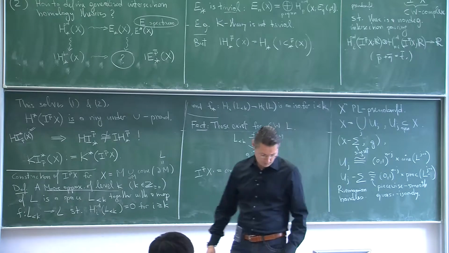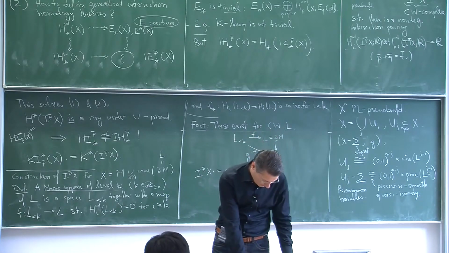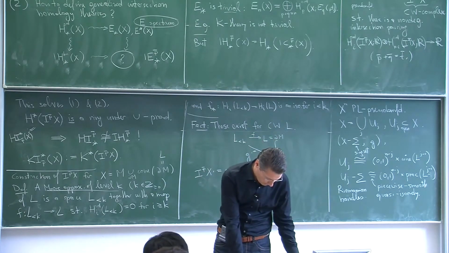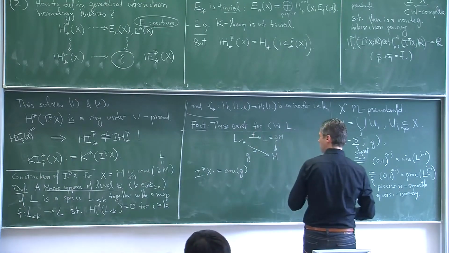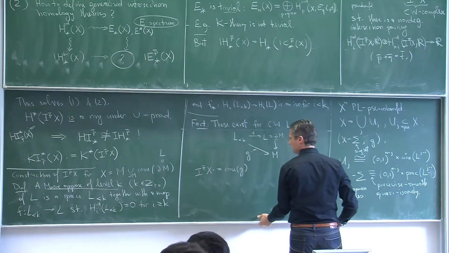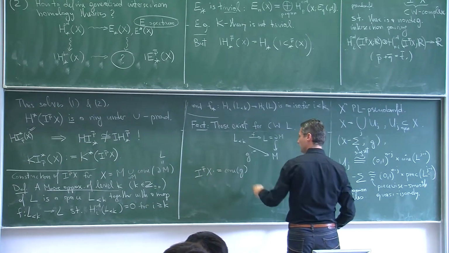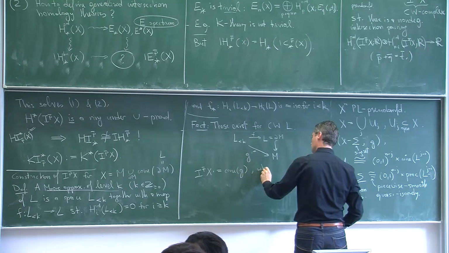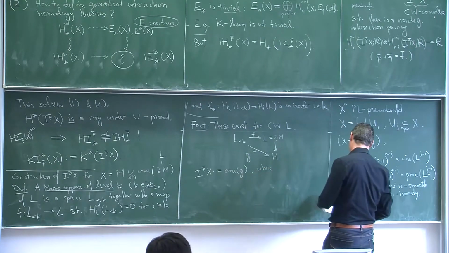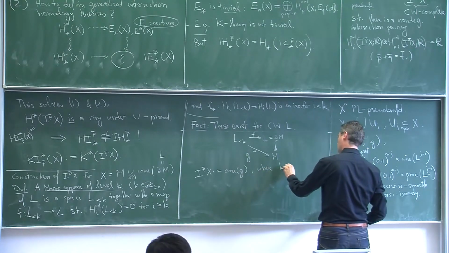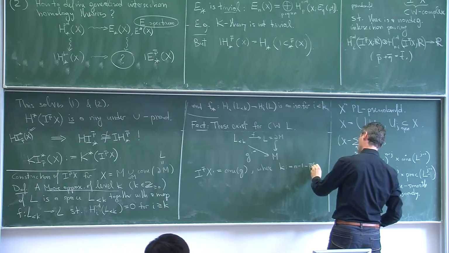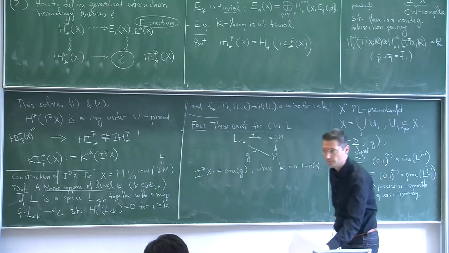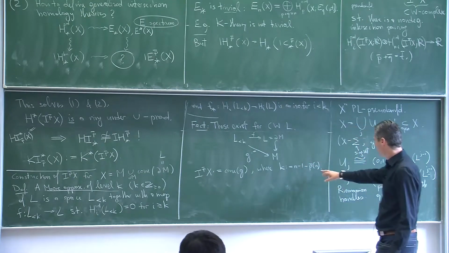What I still owe you is the exact relationship between P and N and K. What is the relation between P and K? You take K to be N minus 1 minus P of N. So that's how the perversity comes in.